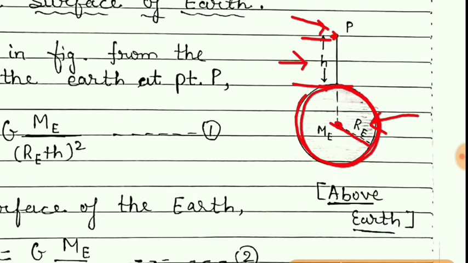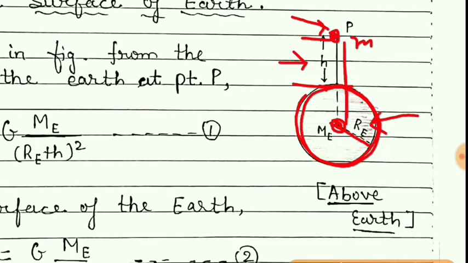Now, according to universal law of gravitation, if any mass is kept here, then the force acts between this mass of the earth and this mass which is at a distance from the center.